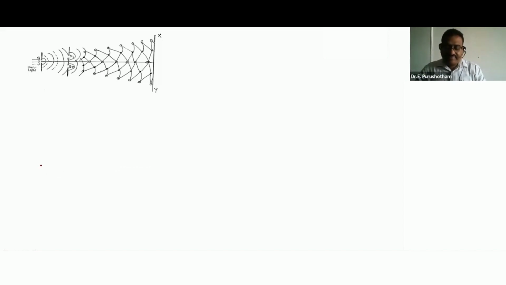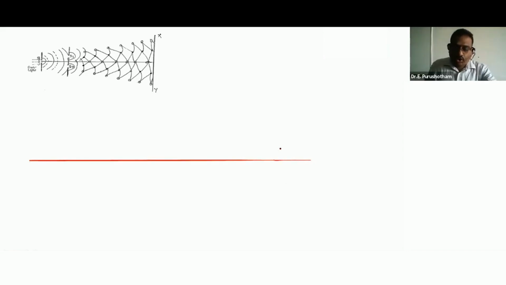Take one straight line first. This is the pinhole S. From the pinhole, a spherical wave is produced.